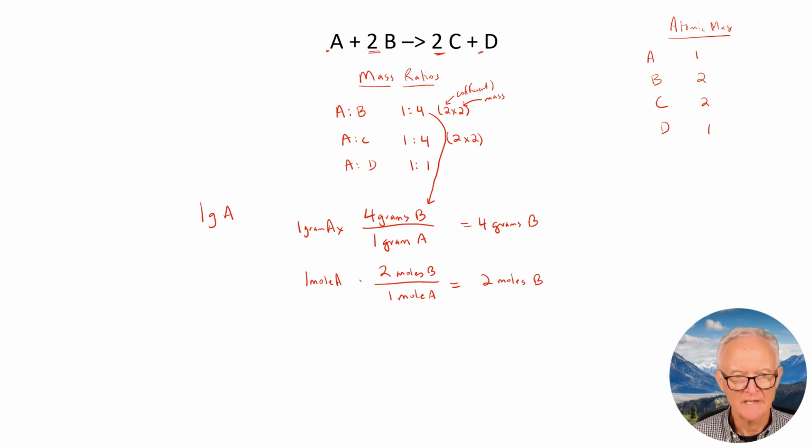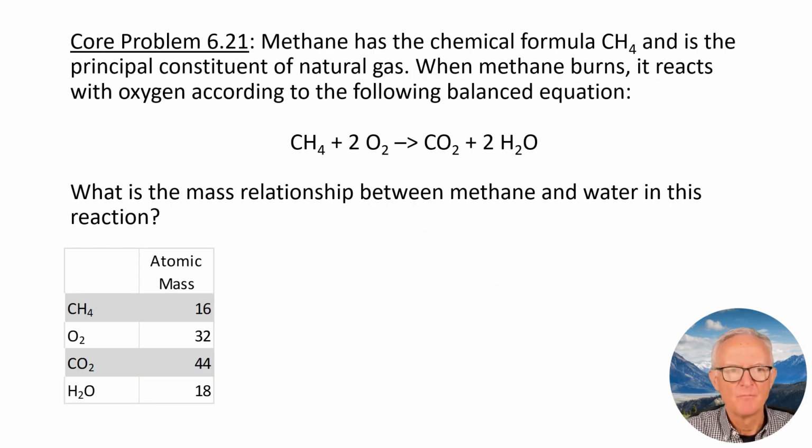So 1 mole of A times that conversion rate means we react 1 mole of A with 2 moles of B. 2 moles of B, well, each B weighs 2, so it makes sense that we'd have 4 grams of B for 1 mole of A, just because B weighs twice as much, or has twice the mass of A. All right, so the point here is we can use these simple mass ratios or mole ratios to solve problems fairly easily. Okay, back to our example.